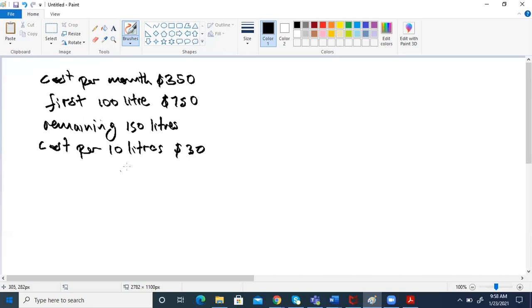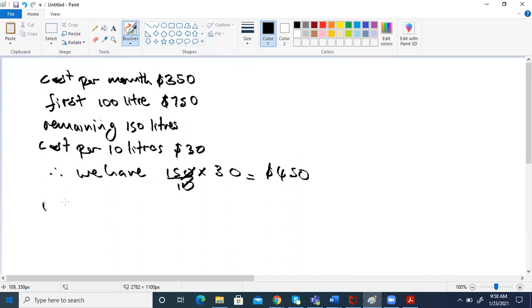So that means 15 multiplied by 30. We have 150 divided by 10 times $30. So that gives us $450 for the remaining 150 liters.